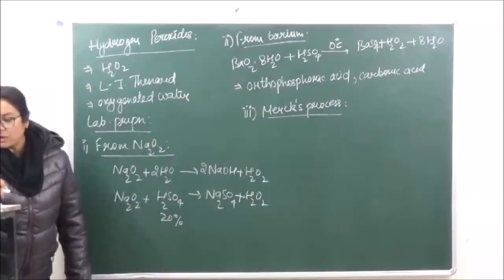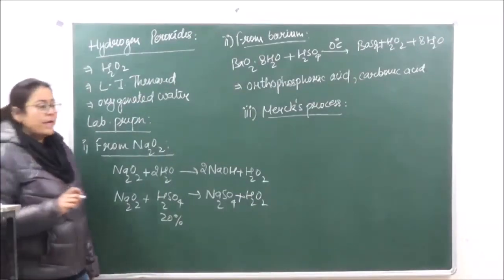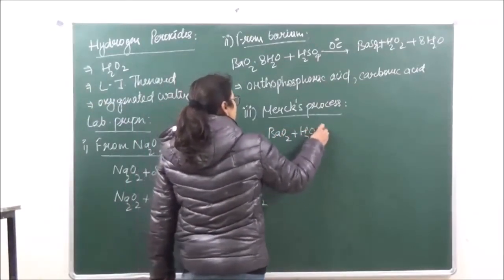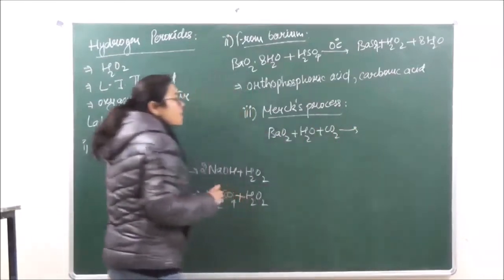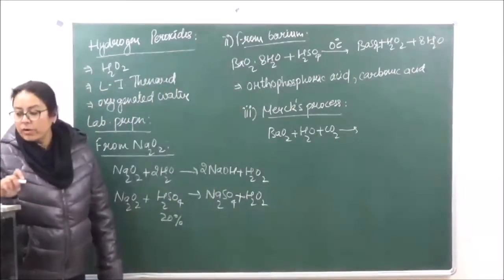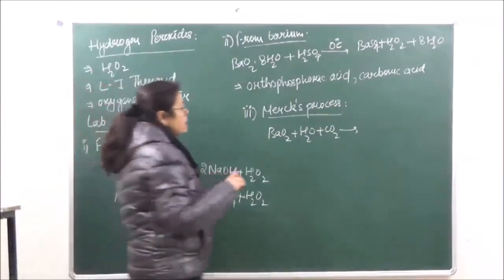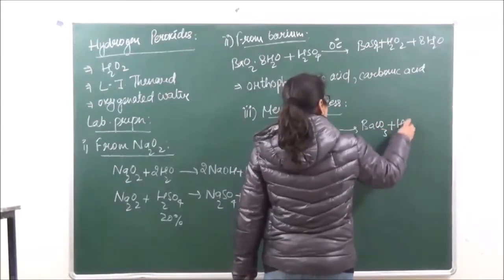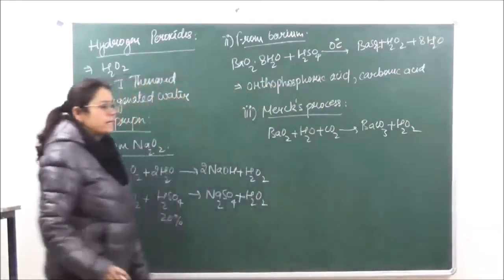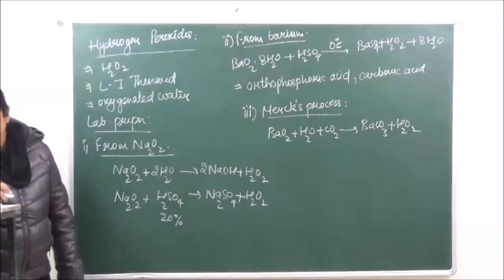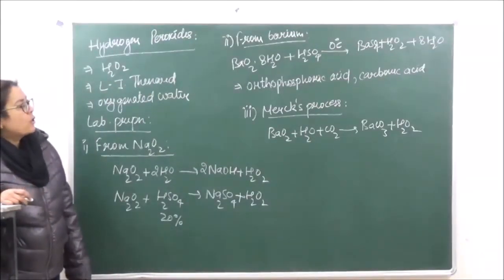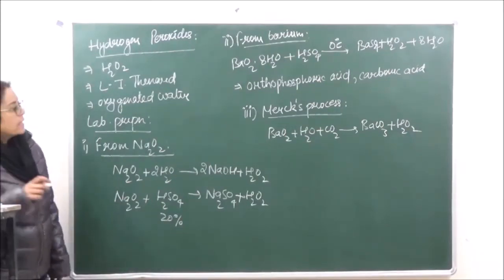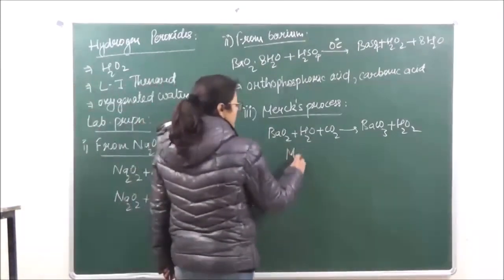Now in case of Merckx process, H2O2 can be obtained by reacting barium oxide with water and carbon dioxide, when we are going to get barium carbonate plus hydrogen peroxide. Okay? So this is what we are getting. Barium carbonate is insoluble and so it can be easily filtered off, and the solution contains majorly H2O2.